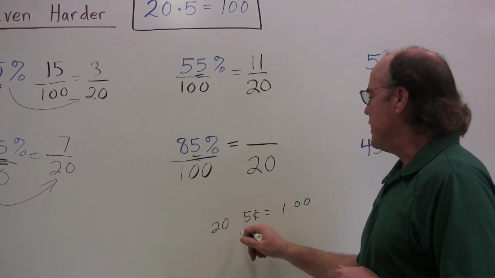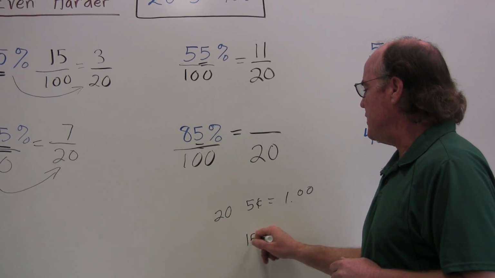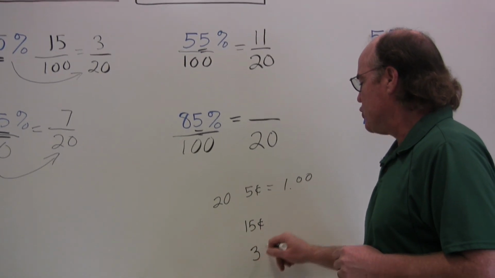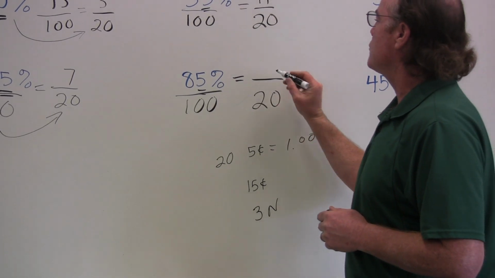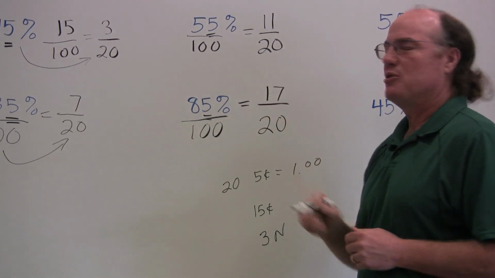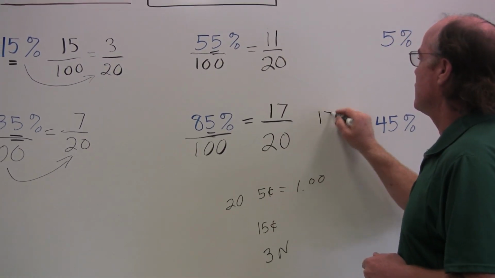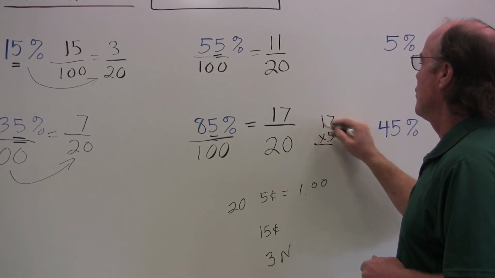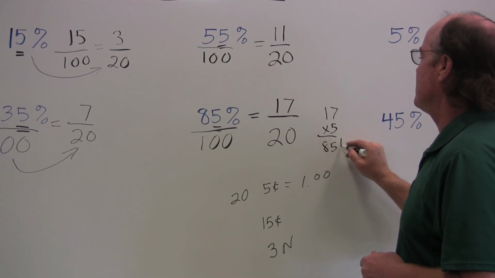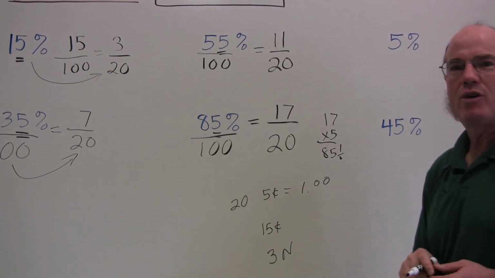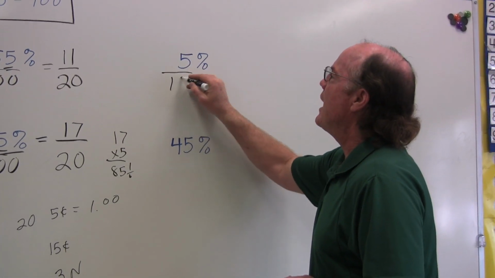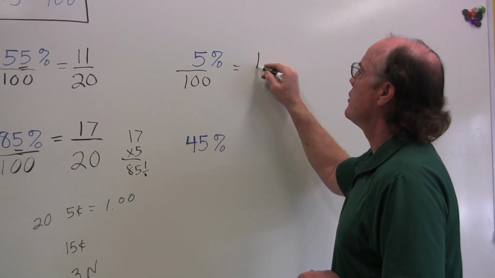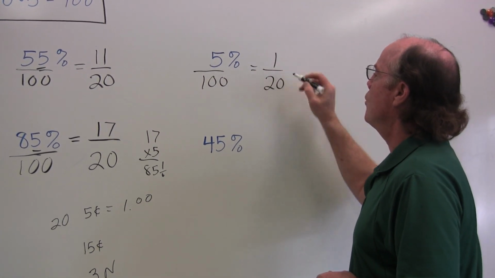Now 85 cents, that's 15 cents less, that's 3 nickels. So 3 nickels from 20 nickels is 17 nickels. And if you wanted to prove that, you just go 17 times 5. 35 and 50 is 85. Ta-da. Okay? Now, 5%. 5 over 100 is 1 over 20.